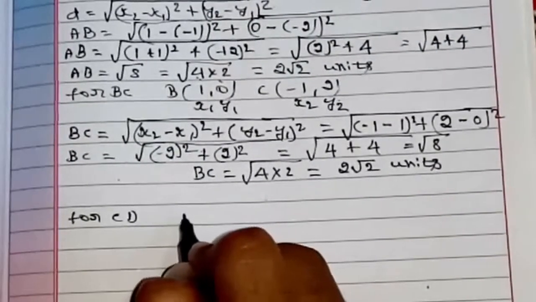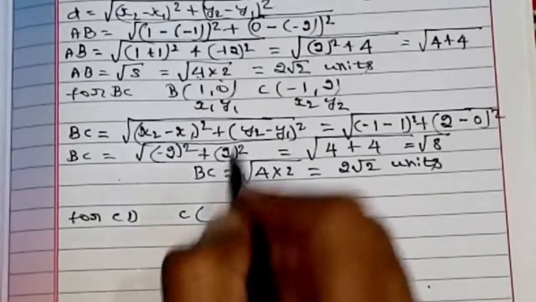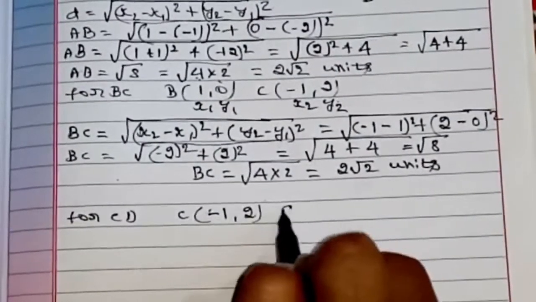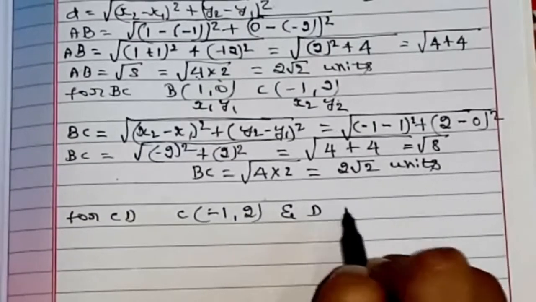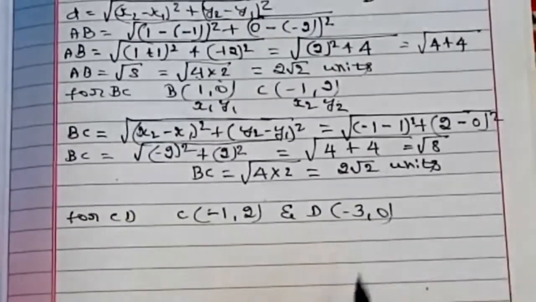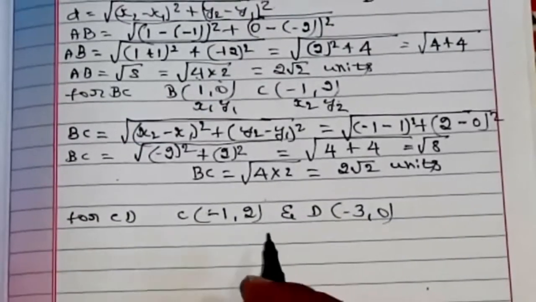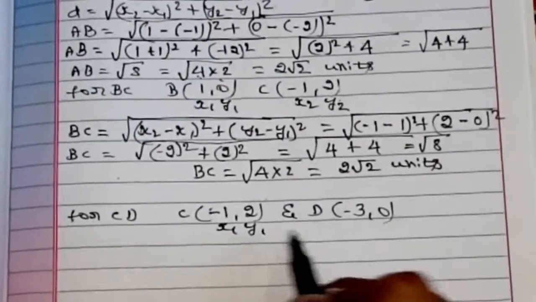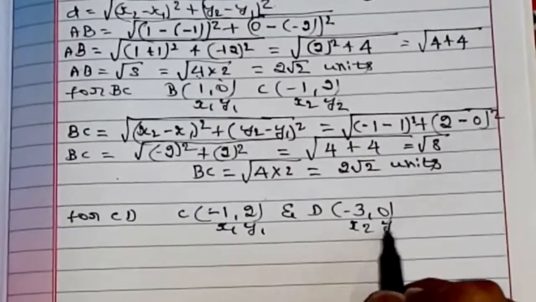Now for CD. The coordinate points are C(-1, 2) and D(-3, 0). As usual, write down the first as x1, y1 and the second as x2, y2.